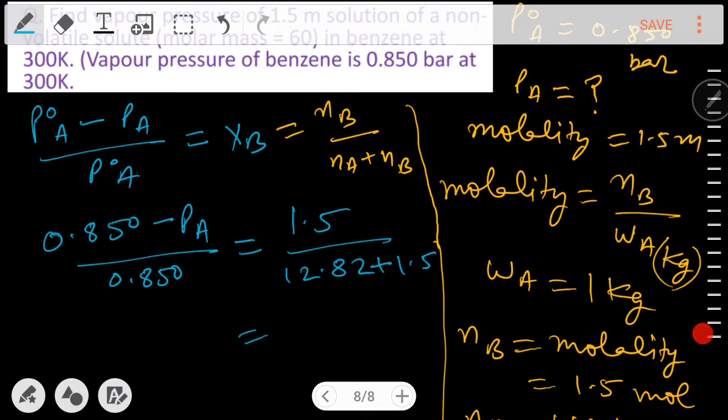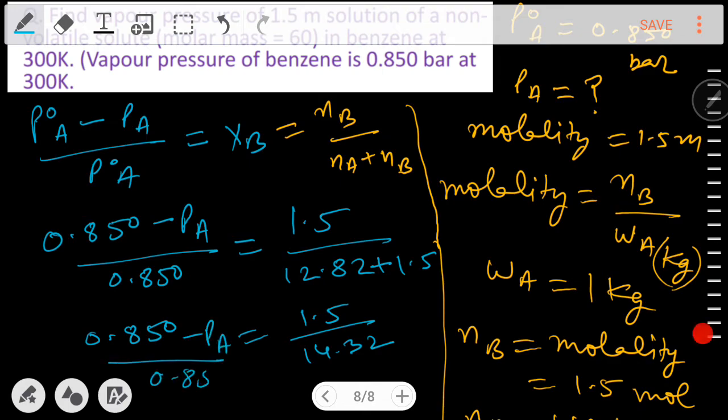On solving, it is 1.5 upon 14.32, and that is equal to 0.850 minus PA upon 0.850.